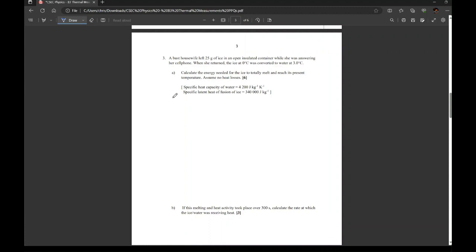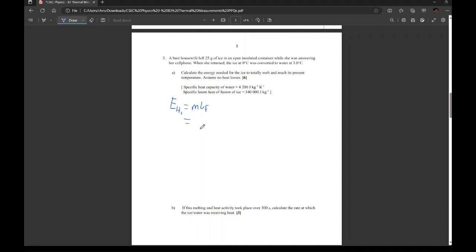So what I'm going to do is start with the ice changing state. So it's going to be melting. And as we remember from the first question, that is going to be equal to M times LF, right? I wrote EH1 because this is our first energy value. This is not our total energy, this is just the first one.